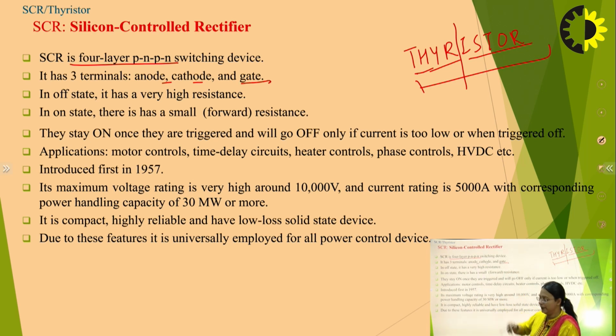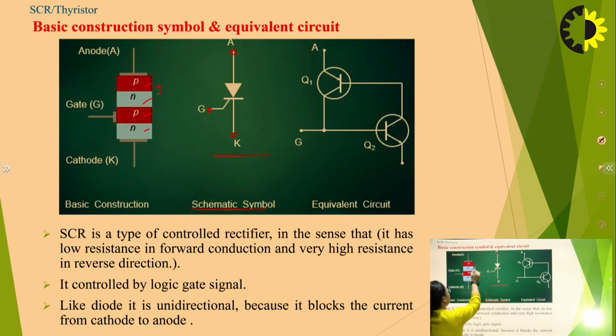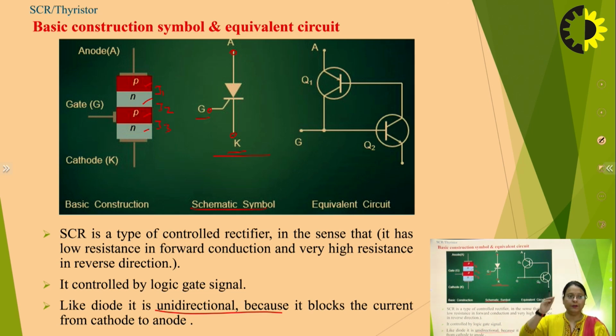It has three junctions: J1, J2 and J3. The gate terminal is always connected near to the cathode terminal. This SCR is basically a unidirectional device because, just like a diode, it blocks the current from cathode towards the anode.